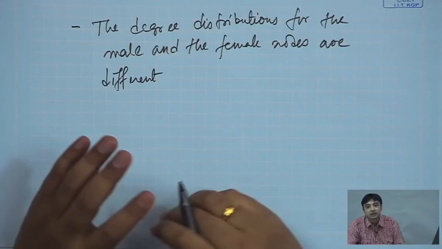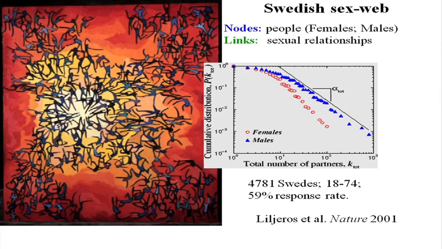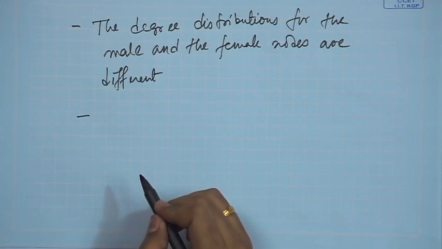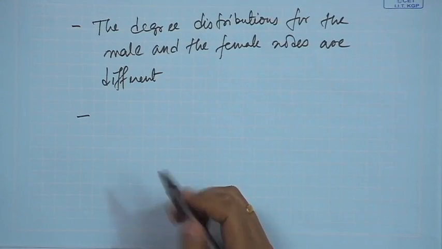The degree distributions of the male and the female nodes seem to be very different, but how can this be possible? One immediately has to question how this is possible. See, this has to be a very balanced network. Every sexual relationship by a male has to be balanced by an individual female. If that is not the case, then there can be a discrepancy in the degree distribution. That means there is some problem.